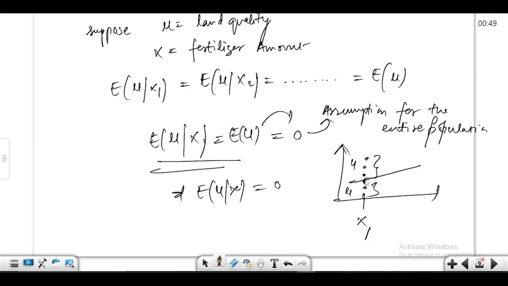So I'll always be somewhere here. My regression function, the linear regression function, will always pass through these average points where the expected value of the error term is equal to 0. So this is what it is trying to explain.